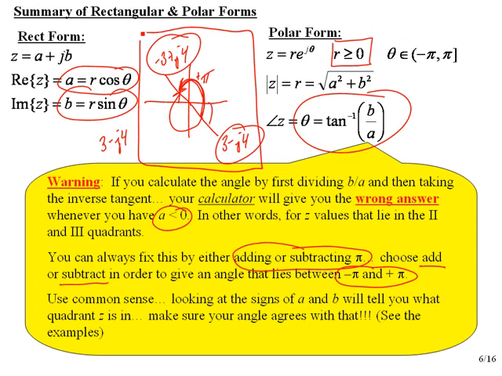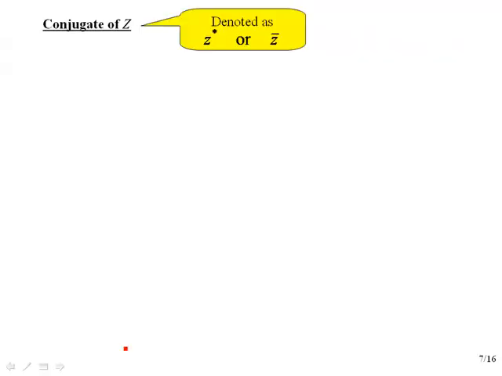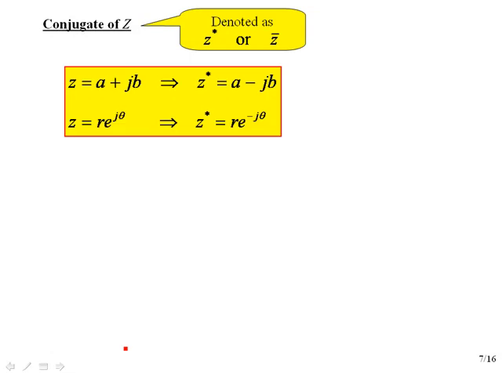Draw the diagram, look at where your real and imaginary parts are as given, and make sure that the angle that you finally compute makes sense. It should put you in the correct quadrant. So, as I said, we'll do some examples on this in just a little bit.